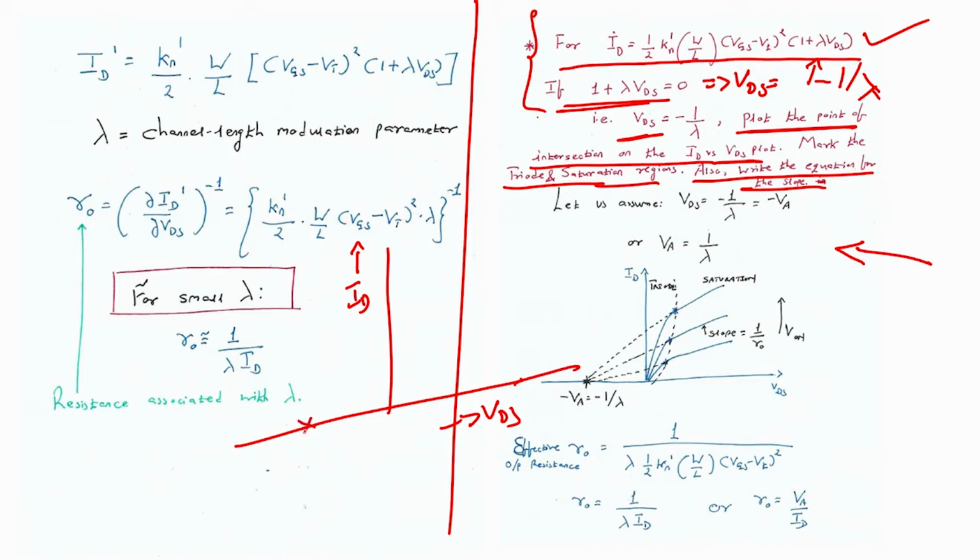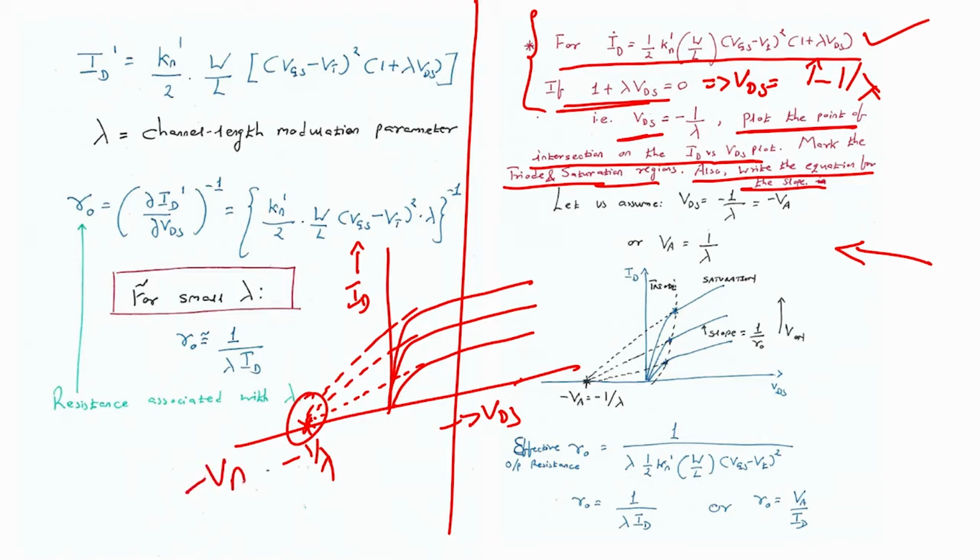We have current and we have VDS. When I increase VDS, I will have this kind of slopes, this kind of plot. I just connect like this, like this. So, this is my point of intersection. I can say minus VA equals minus 1 by lambda, my point of intersection.